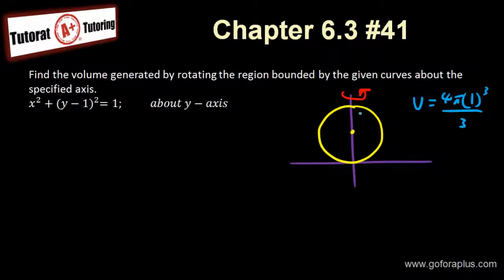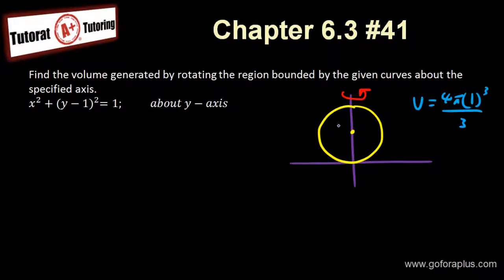Now I know that I'm turning about the y-axis, so what should I do? I should take only half of the circle, right? And then make it turn. So how do I want to do this? I want to do it in terms of y for the integral.